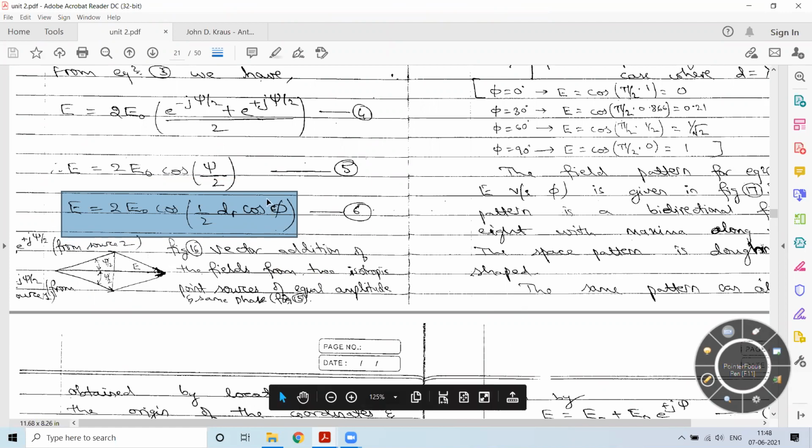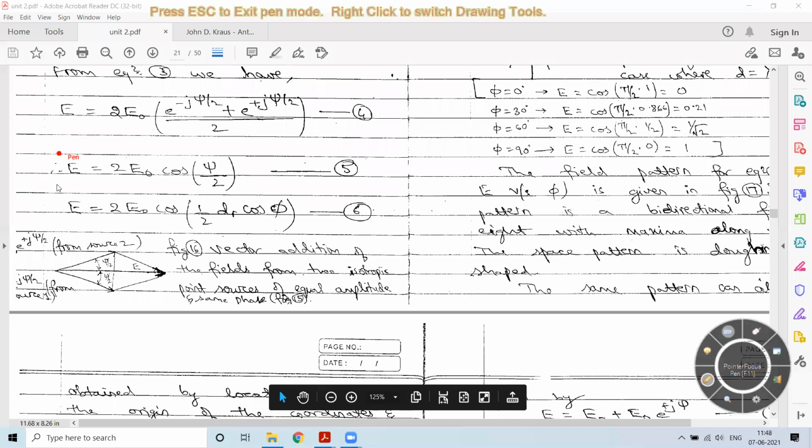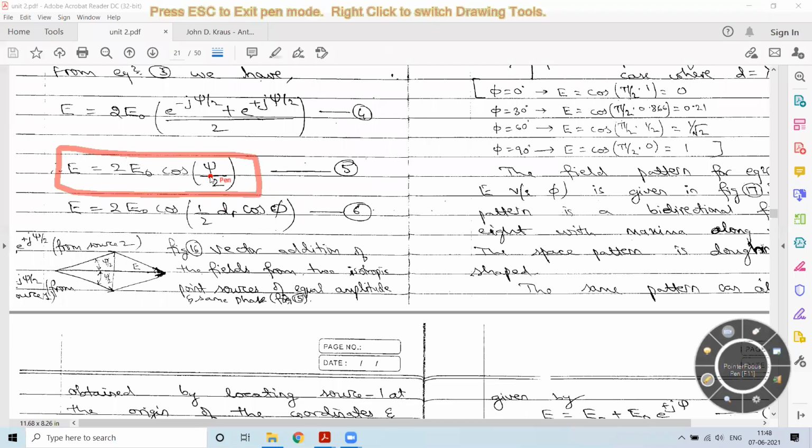Now if I want to normalize this, just for simplification, I take the total field and divide it by its maximum value. What is the maximum value?